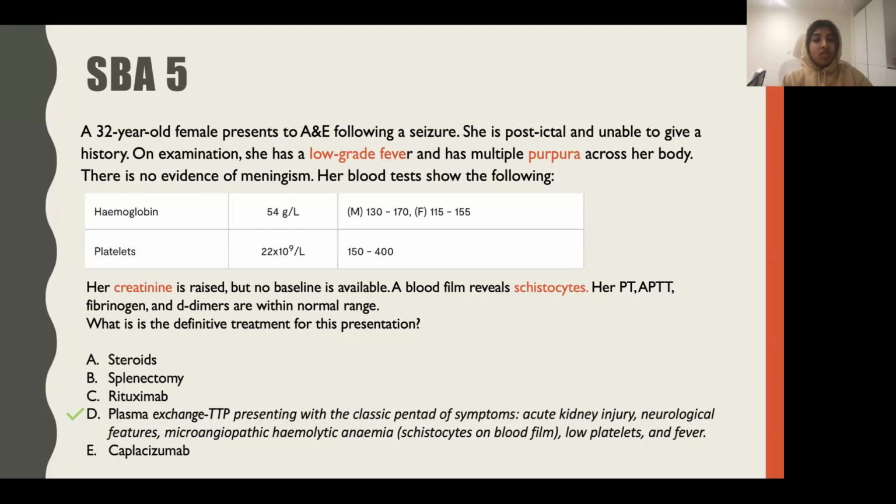Now, I don't know if that's the right way of doing it. But if you're answering exams and you're finding it difficult, look out for the AKI and look out for the neurological features, because neurological features won't be caused by DIC. So remember the pentad and remember that DIC doesn't present with AKI usually.